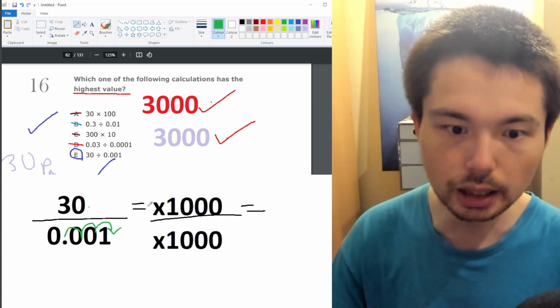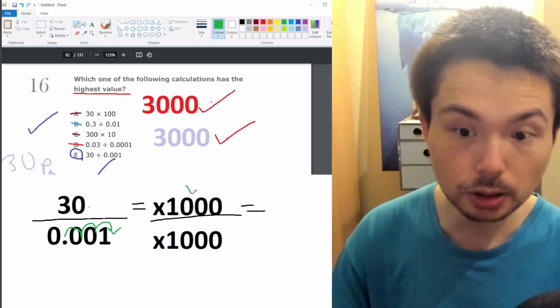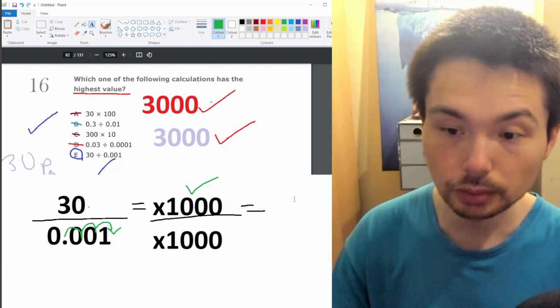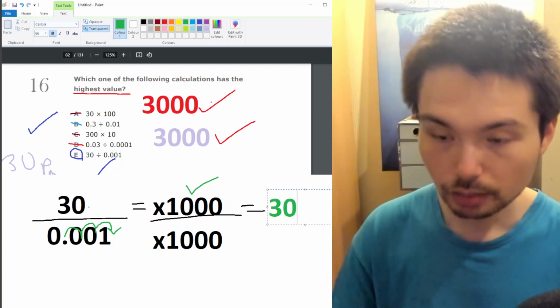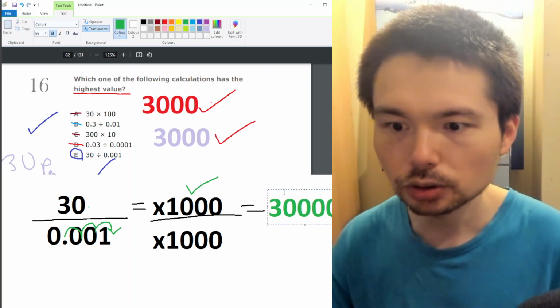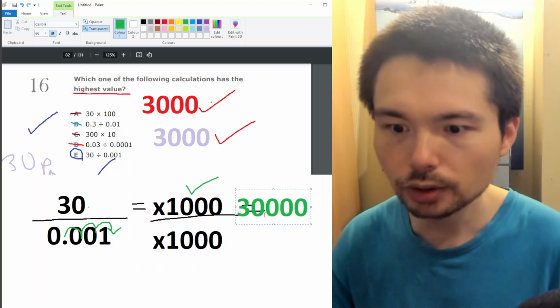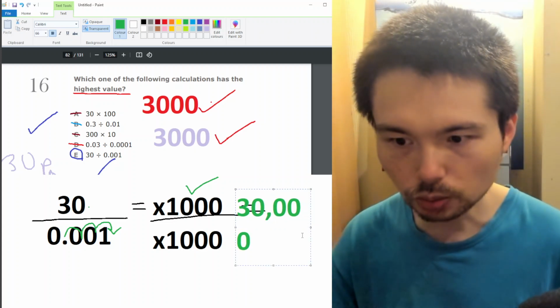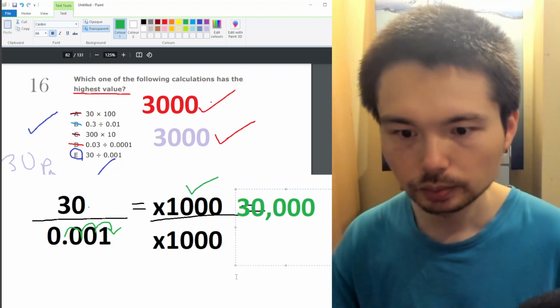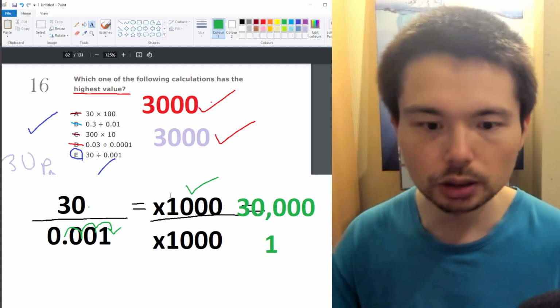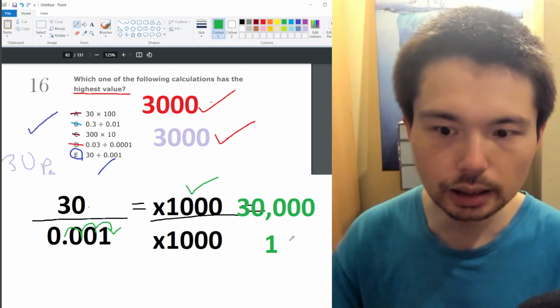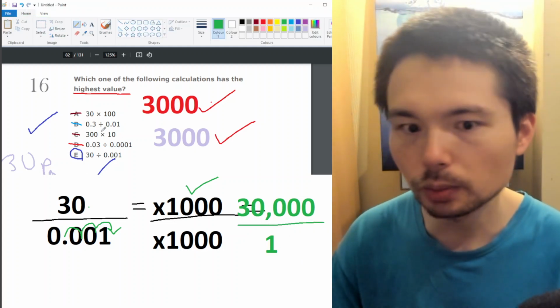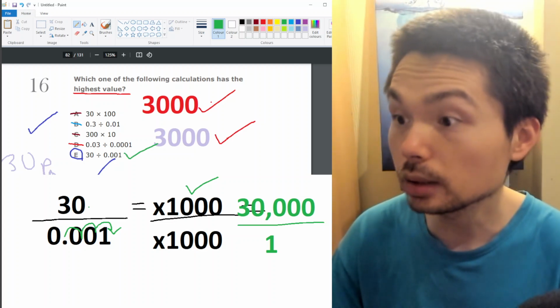We do the same thing here. 30 timesing by 1,000 is 30,000. 3 and 4 zeros. Let me squeeze that in the screen there. 30,000 and the bottom is just 1. Of course it's 1 because we've moved it all the way to the end and then 1's left. So 30,000 divided by 1 is still 30,000. There we go. E is the answer.